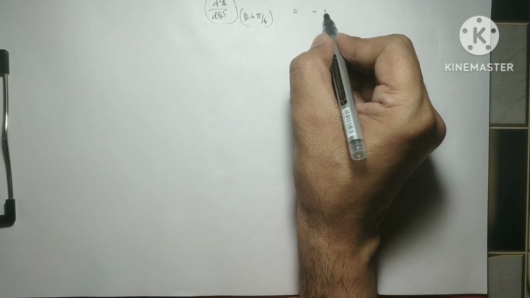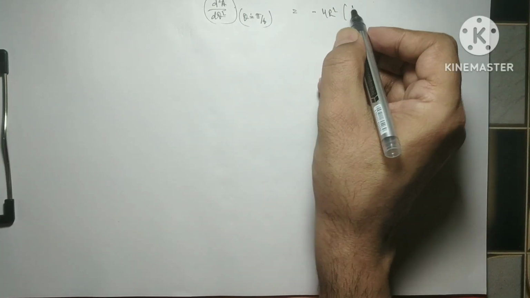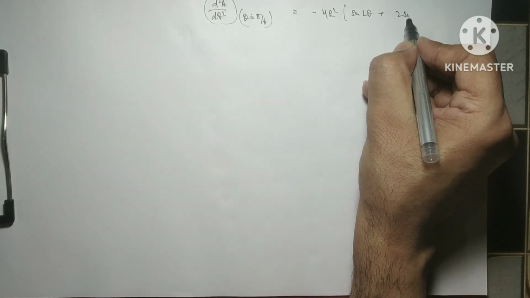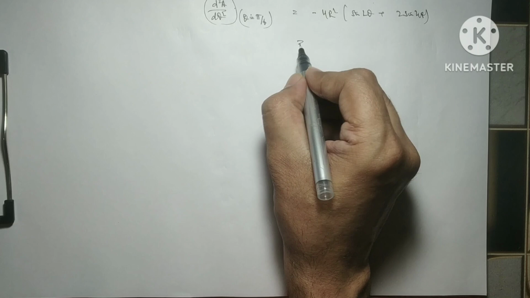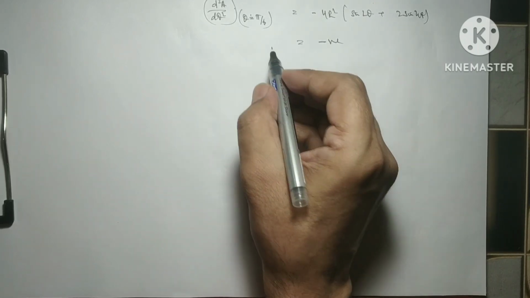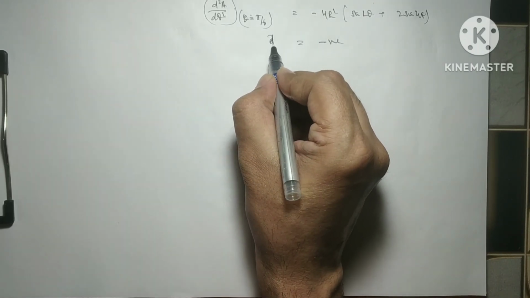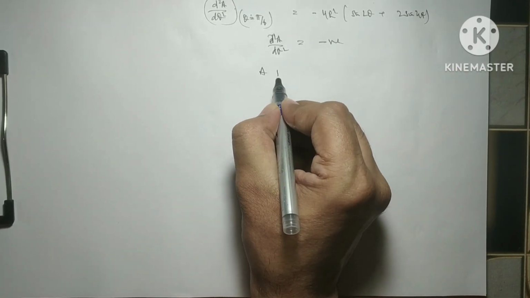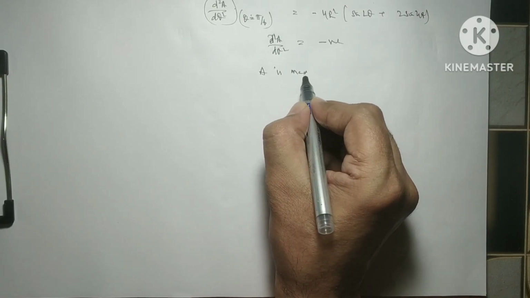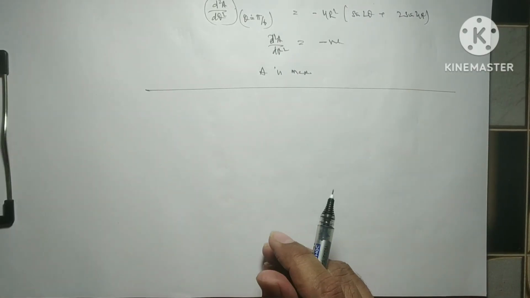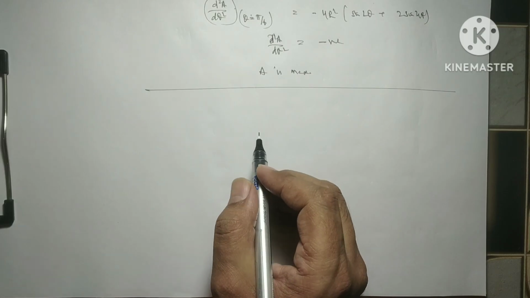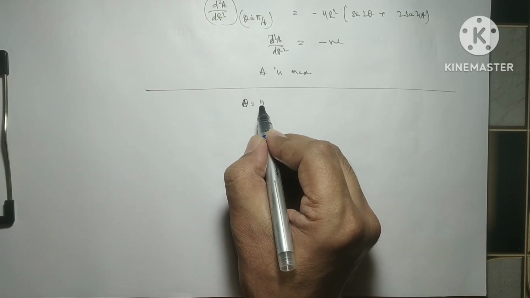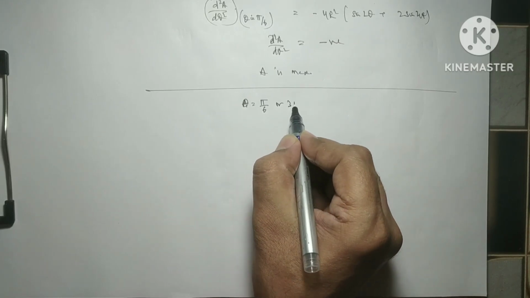we have the expression minus 4R² (sin 2θ + 2 sin 4θ). So it will be negative. So the second derivative d²A over dθ² is negative. That shows area is maximum. And θ is π/6, or you can say 30 degrees.